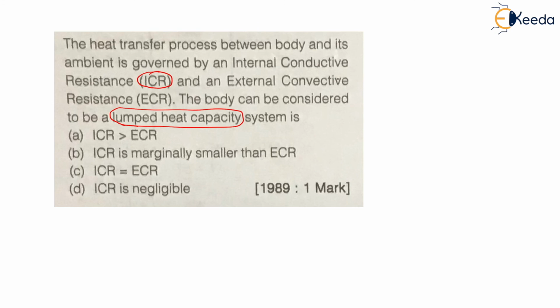Don't say it is small or large; it is very small as compared to external convection resistance. Therefore we can say internal conduction resistance is negligible. Therefore option D will be the correct choice.